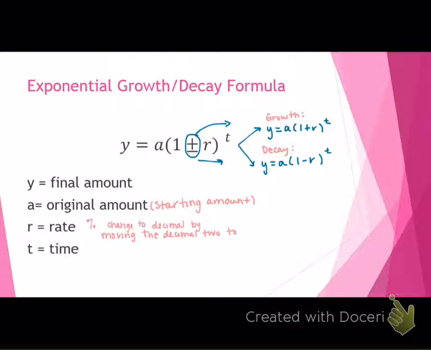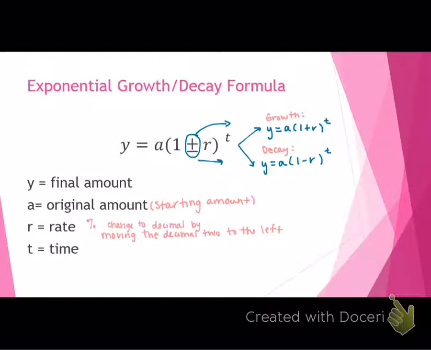That's because you're dividing by 100, because percents are out of 100. So that's why you can move it 2 to the left, because dividing by 100 moves the decimal place 2 to the left. Again, you can also just divide by 100. That's the same thing. And then T is typically time.